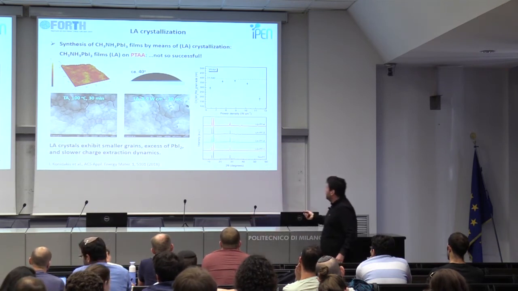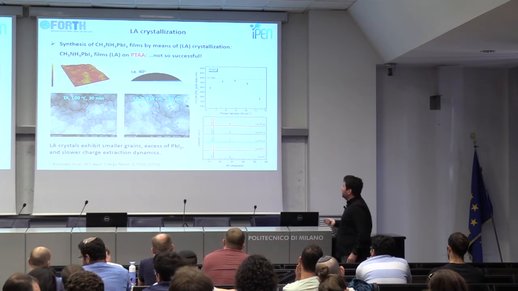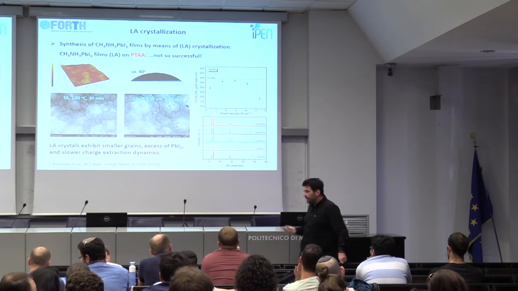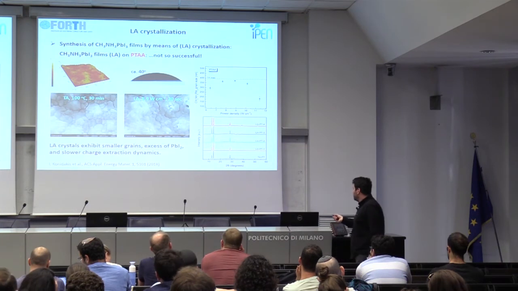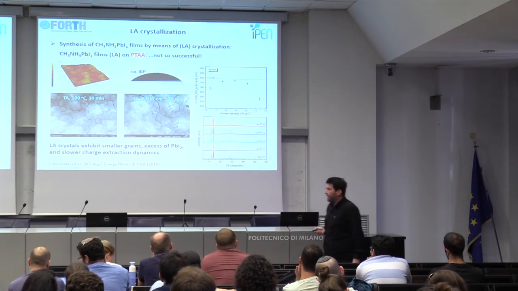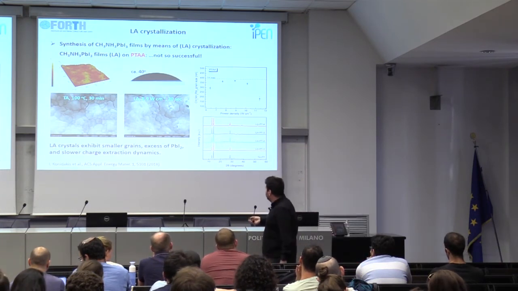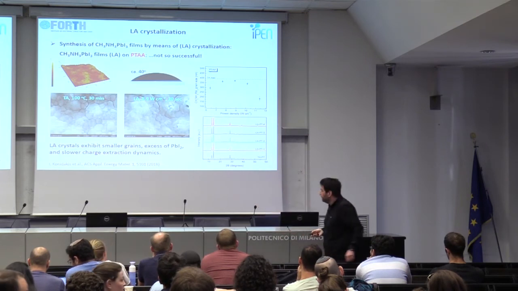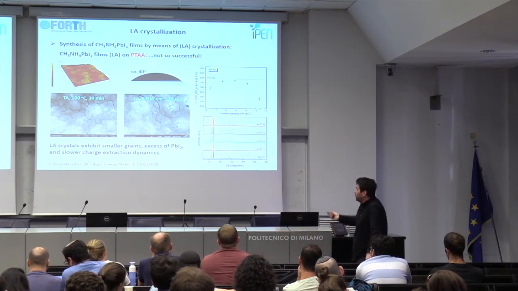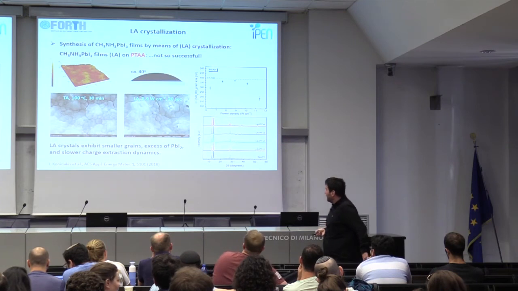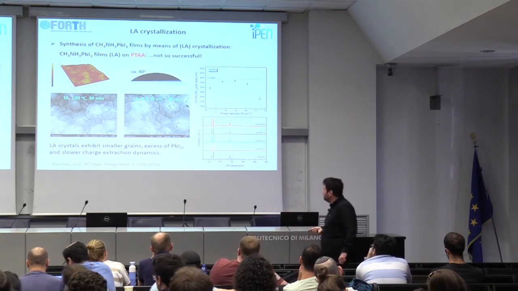When you try to accelerate the process, we believe that the methylammonium lead iodide solution evaporates, and it leaves behind a massive excess of lead iodide, and of course smaller or not larger grains when compared to the samples from thermal annealing.